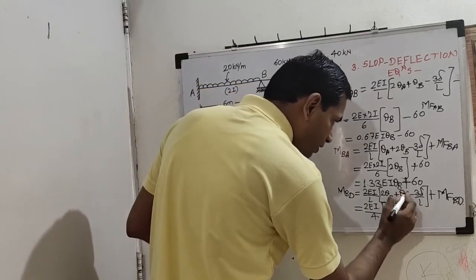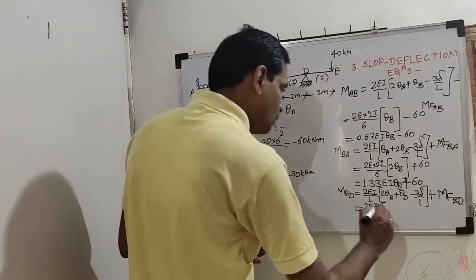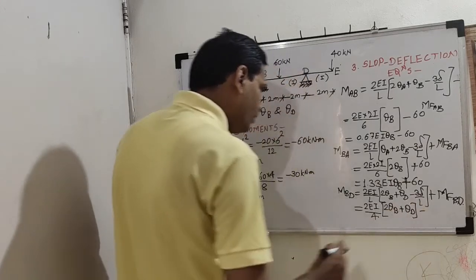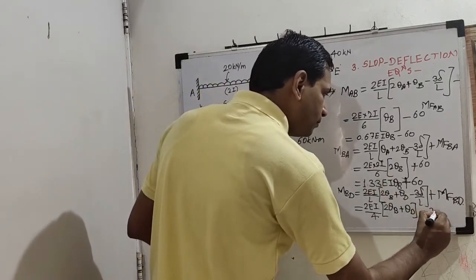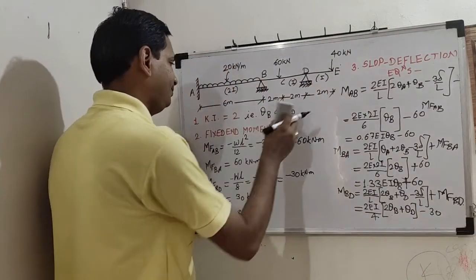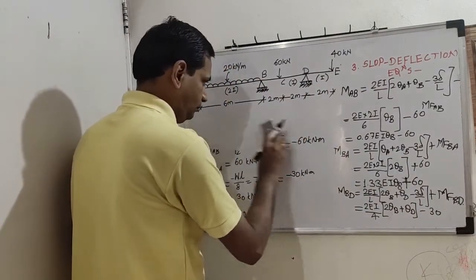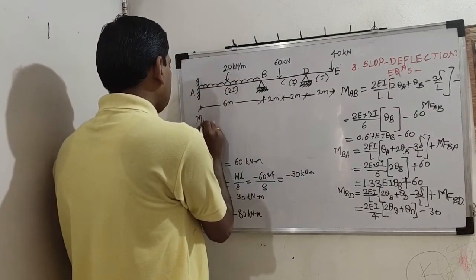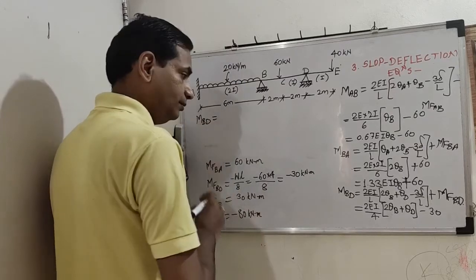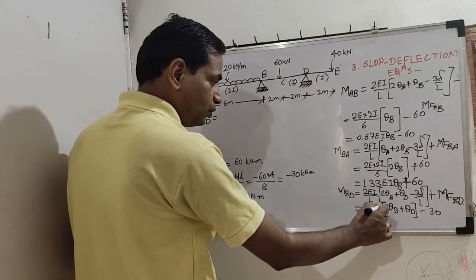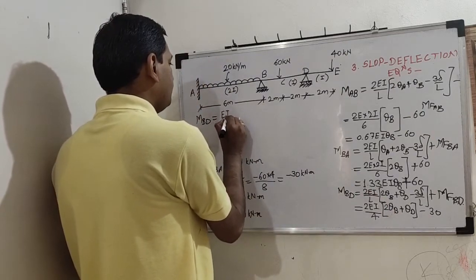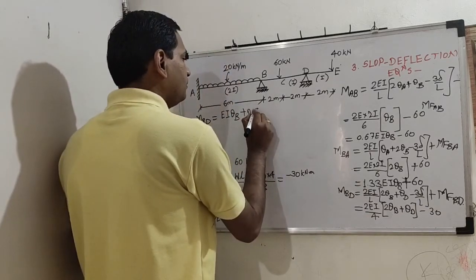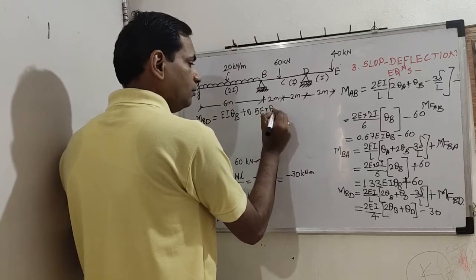This is not C, this is theta D. So 2 theta B plus theta D, no sinking, MFBD minus 30. Simplify this. So MBD is equal to 2 into 2, 4. 4 by 4 is 1. So EI theta B plus 0.5 EI theta D minus 30.